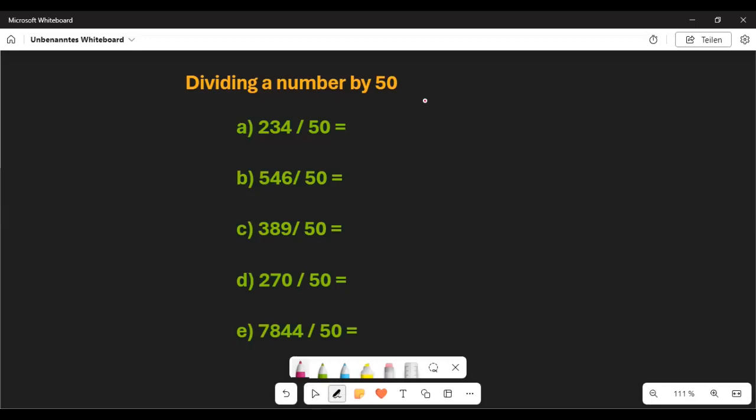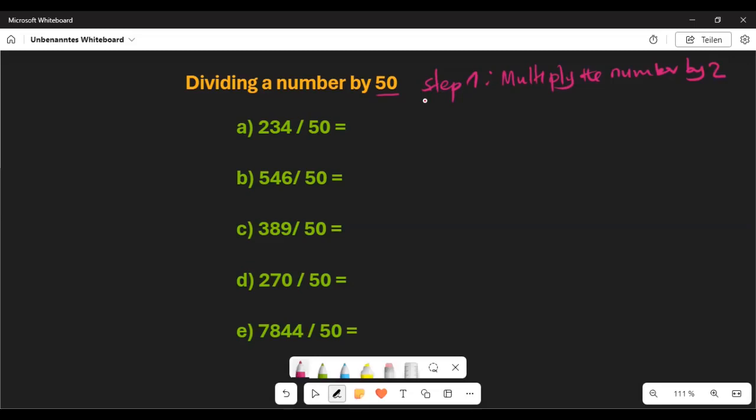There are two key aspects that we have to consider. There are some steps that we have to follow to make dividing a number by 50 very easy. Step number one: anytime you want to divide a number by 50, you need to multiply the number by 2.